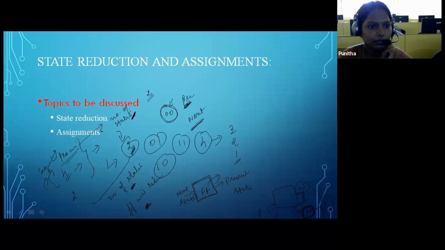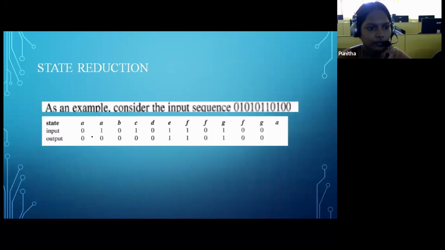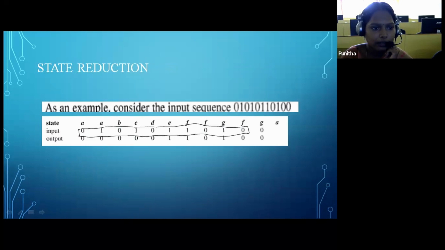With this, we are going to discuss how to reduce the number of states. Just for example, these are all the inputs that we are handling. The input is nothing but the input of the combinational circuit.